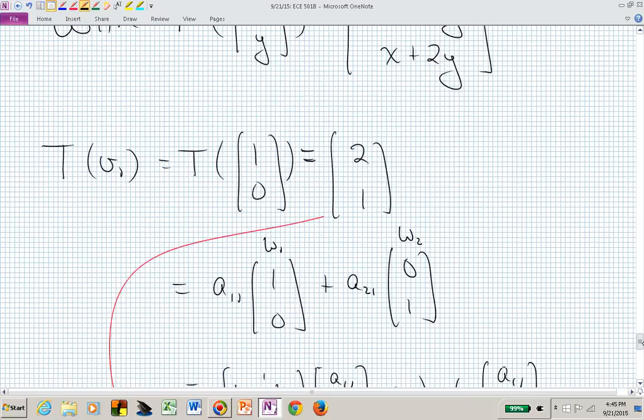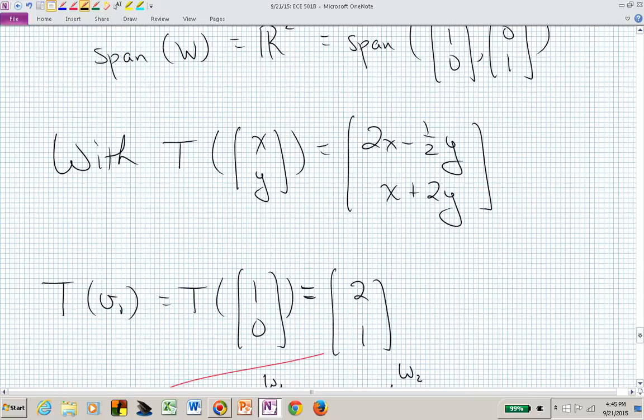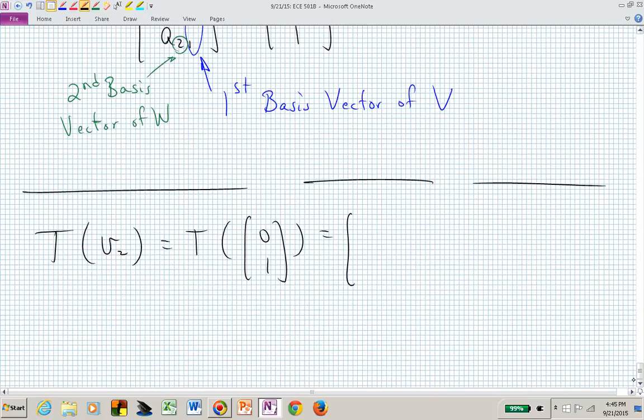Or if we go back to our linear map and replace x with 0 and y with 1, we end up with minus 1/2, 2. And we want that to be now A sub 1,2 W1 plus A sub 2,2 W sub 2.